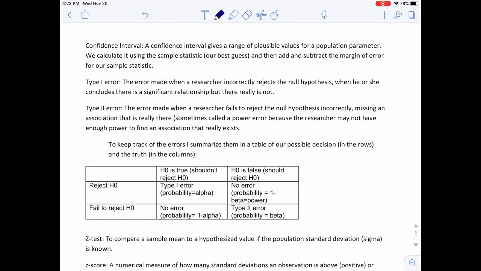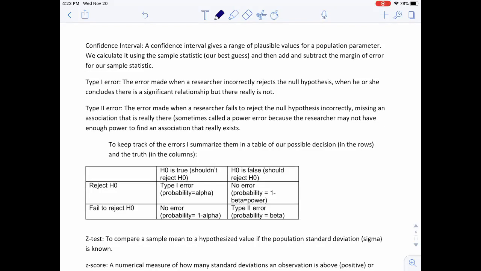And confidence intervals, right? We have our sample mean, but we know that our population mean, for example, is not going to be the exact same as our sample mean. So a confidence interval just lets us build bounds around our estimate to figure out what a reasonable range for a population mean might be. But that's all I'll say about that.